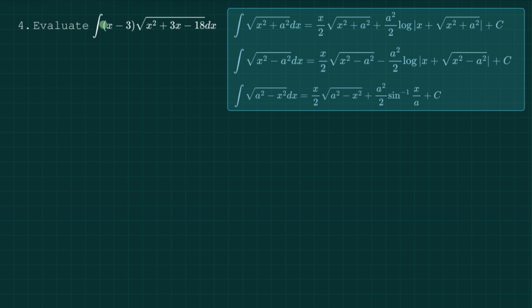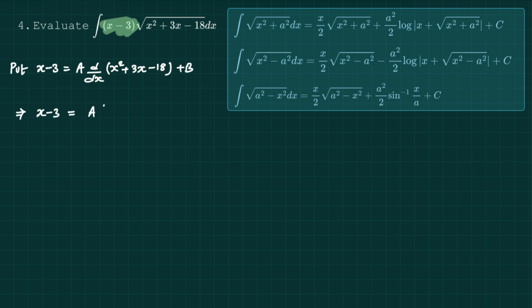So we will assume x minus 3 equals a into the derivative of the quadratic inside the square root, that is x square plus 3x minus 18, plus b. This implies x minus 3 equals a into (2x plus 3) plus b, which implies x minus 3 equals 2ax plus 3a plus b.